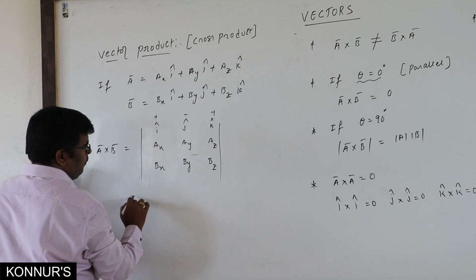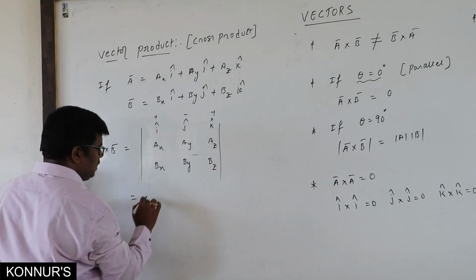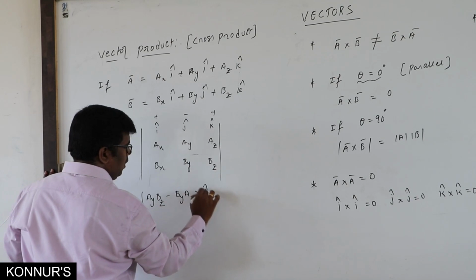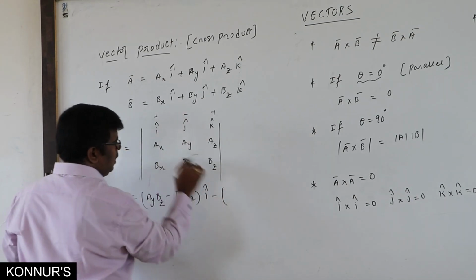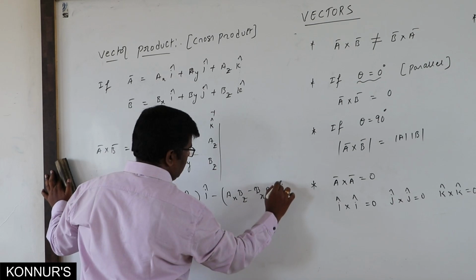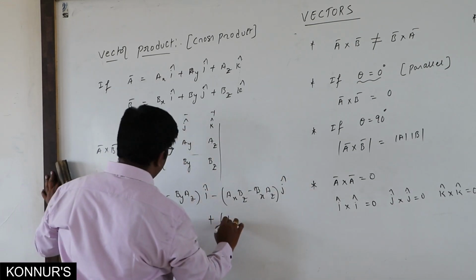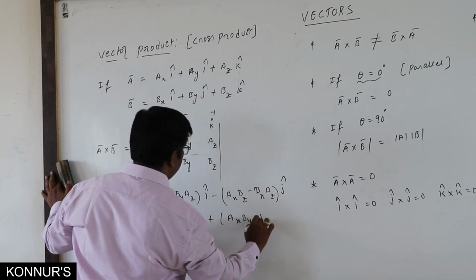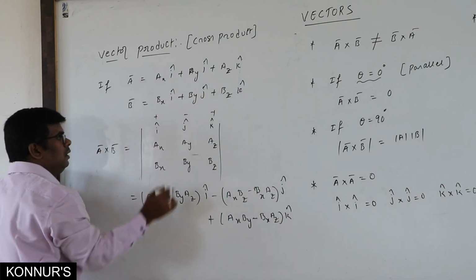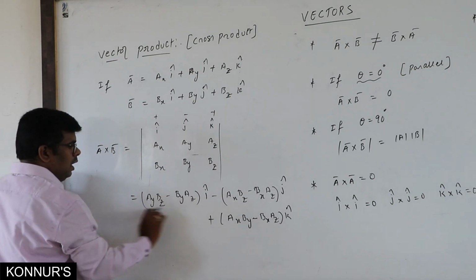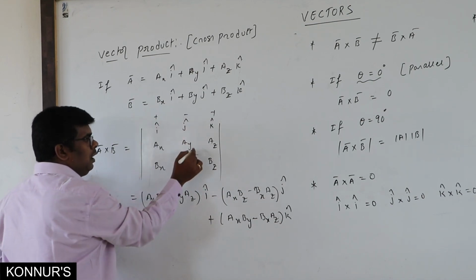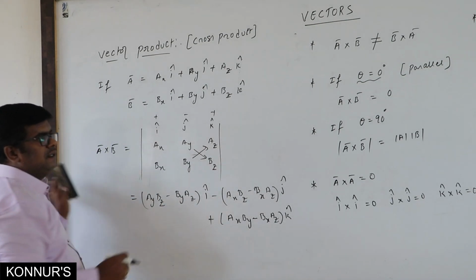Then you get the i component Ay Bz minus By Az, i cap, minus Ax Bz minus Bx Az, j cap, plus Ax By minus Bx Ay, k cap. So if any vectors are given with numerical values, you take the determinant method like this and obtain the result, closing the row and column each time.